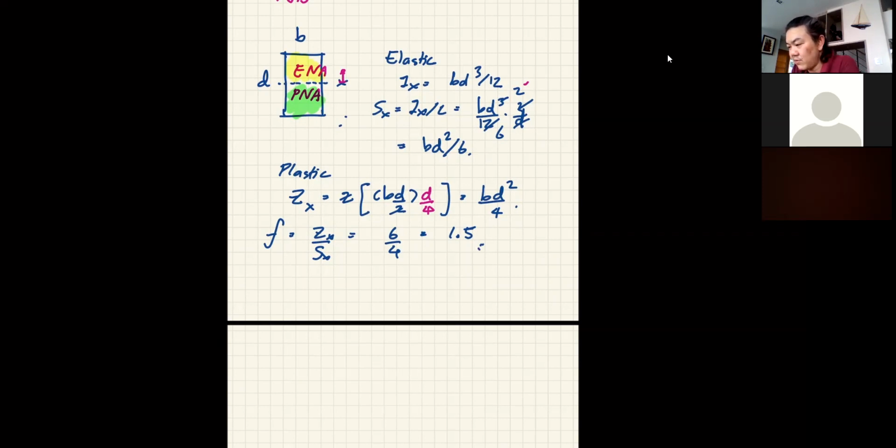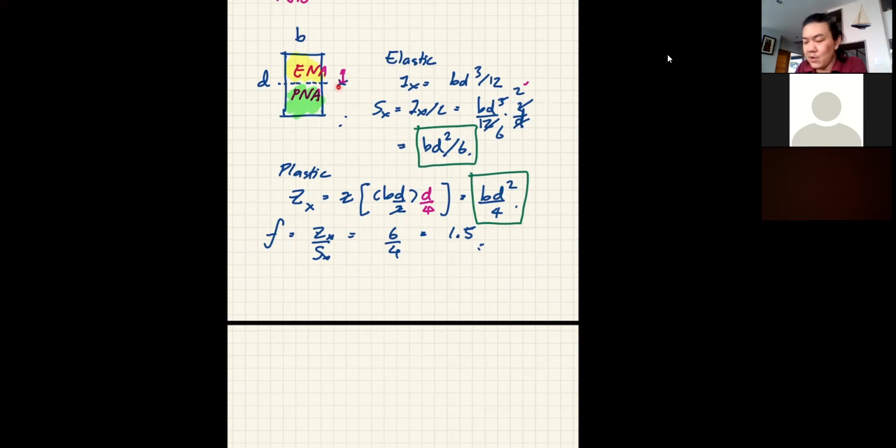These are the basic formulas that you can always use if you have a rectangle: BD squared over 6 for elastic section modulus and BD squared over 4 for plastic section modulus. Keep in mind that when you calculate this Zx yourself, you need to split the area into two areas and then take the moment about the plastic neutral axis.